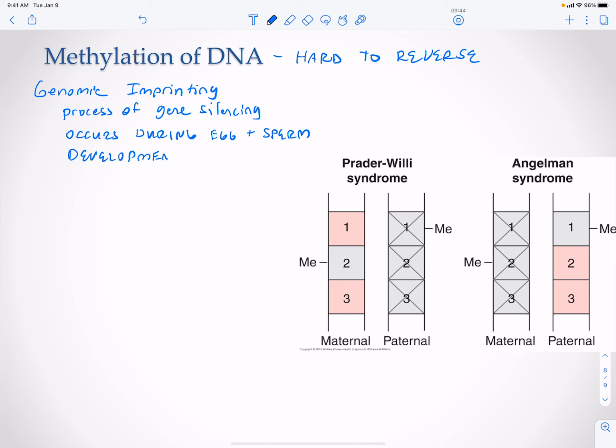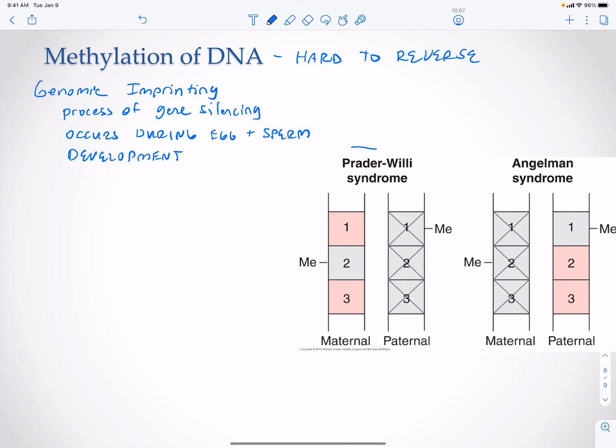So this is something, genomic imprinting is passed on, just like methylation of your liver cells. When they make a new hepatocyte, that methylation is passed on. But genomic imprinting goes back to eggs and sperm. And so basically, males and females can methylate different genes and they can turn off different genes.